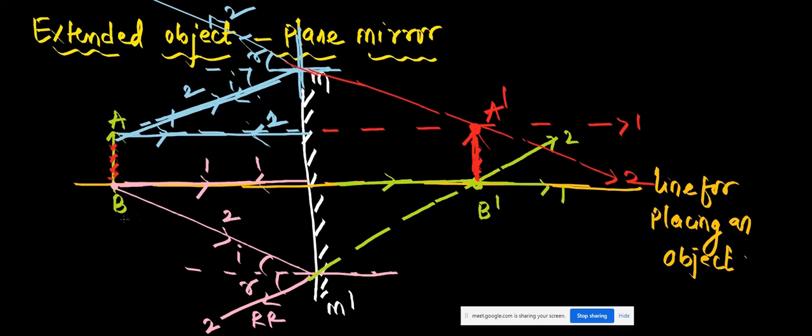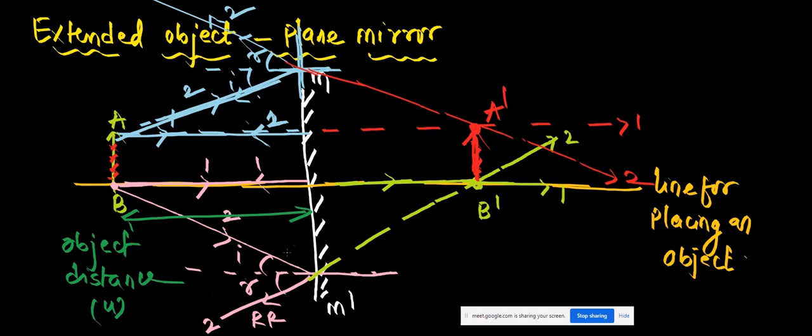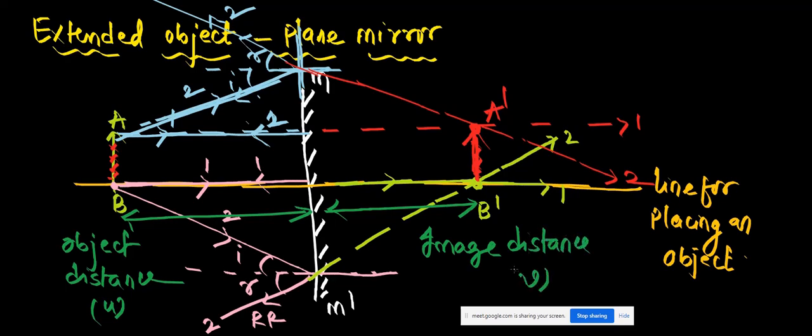Now this is your mirror. From the mirror to the object, whatever distance is present, that is called the object distance, U. Between the mirror and the image, that distance is called the image distance, and it is denoted by the letter V. U is for object distance, V is for image distance.